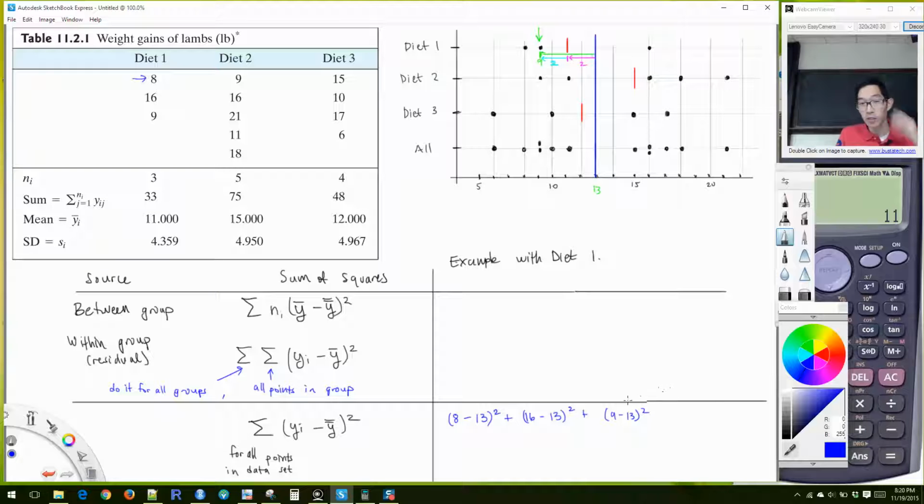This is the total sum of squares contributed to the total variance. So I have 5 squared plus 3 squared plus 4 squared, which is 25 plus 9 plus 16. I think that adds up to a total sum of squares of 50 contributed by these 3 data points.